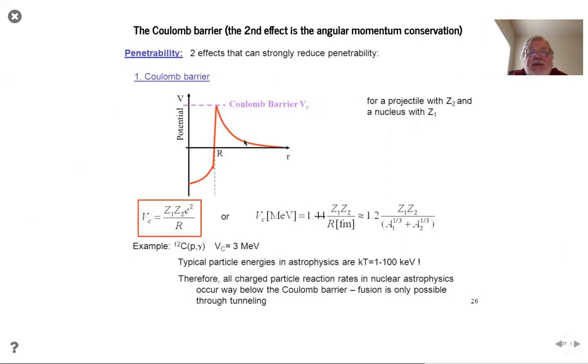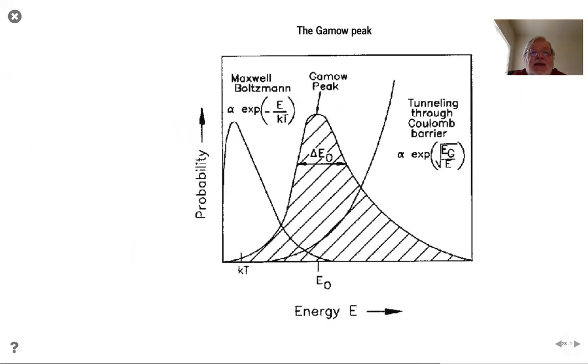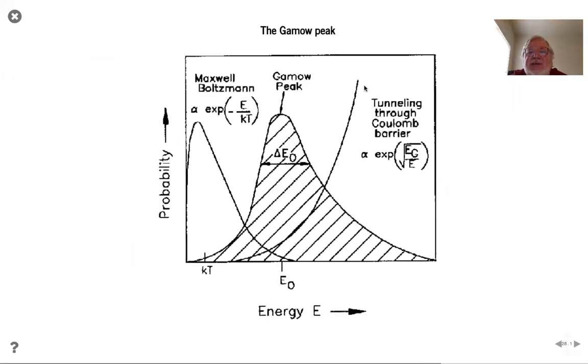If we calculate the efficiency of quantum tunneling through the Coulomb barrier, this effect is described here by this exponential curve on the right. It says tunneling through the Coulomb barrier is proportional to the exponent of particle energy E in the denominator. The higher the energy, the easier it is for a particle to cross the Coulomb barrier via quantum tunneling.